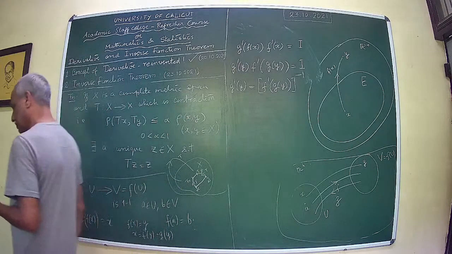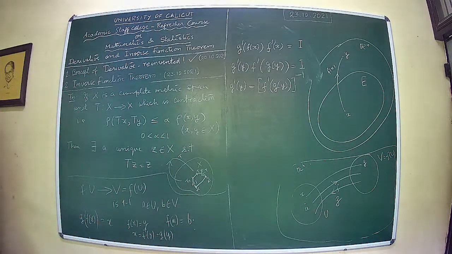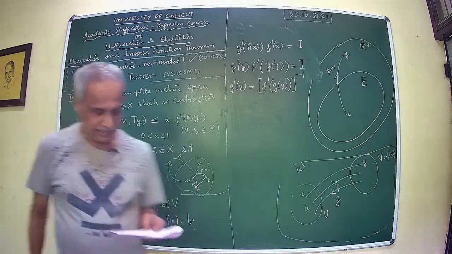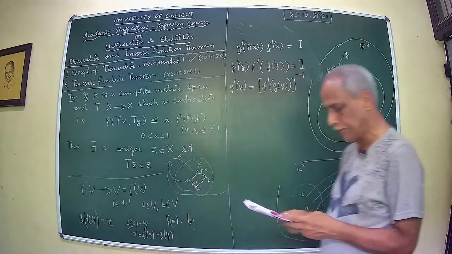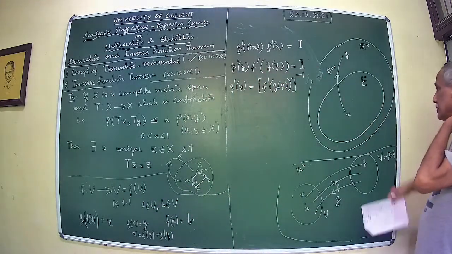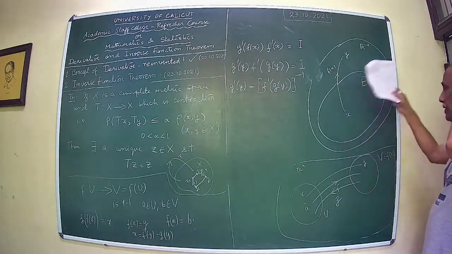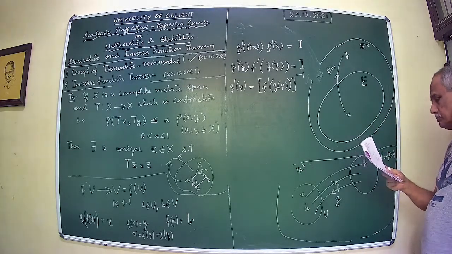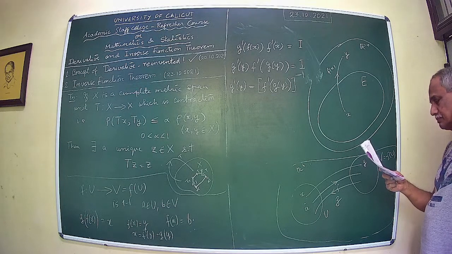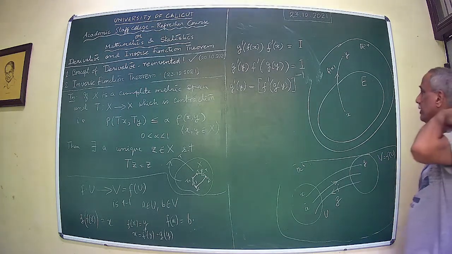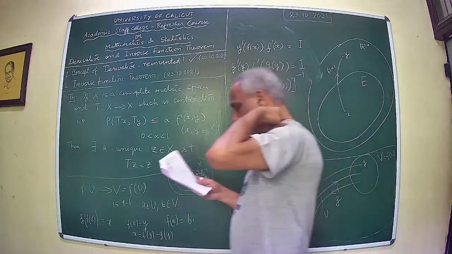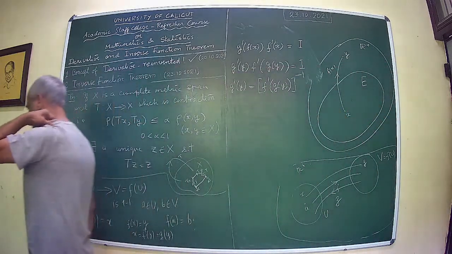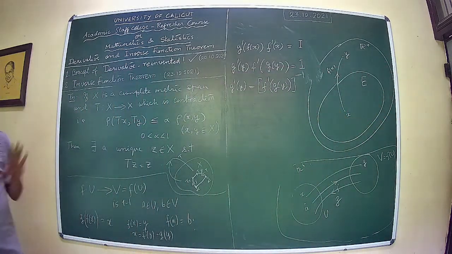Now one of the results that you can prove is this: if f is a C1 map on an open set E, that means it is defined everywhere on E and it's a C1 map, and f derivative is invertible everywhere on E. These are the two conditions.